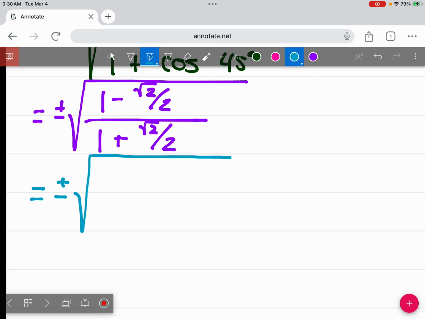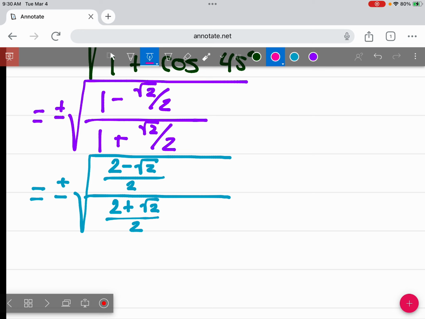This becomes 2 minus root 2 over 2, and then we're all over 2 plus root 2 over 2. Be more specific about which 2's cancel, because there's a gabillion. Yeah, our over 2's. Those guys cancel out.